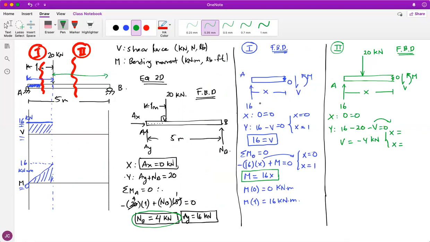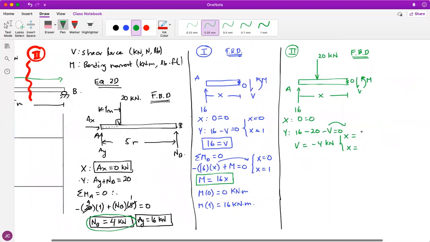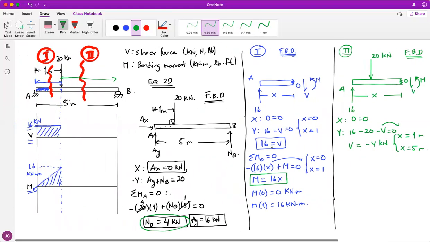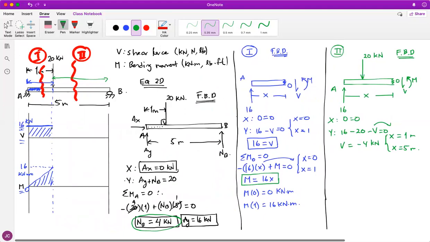It's residing there from 1 till 5 meters, so this is in meters. Therefore, you can go to your drawing board for the B part. Take a look at it. You were living at 16, 16, 16, and then comes a 20 and pushes you down to minus 4, okay?